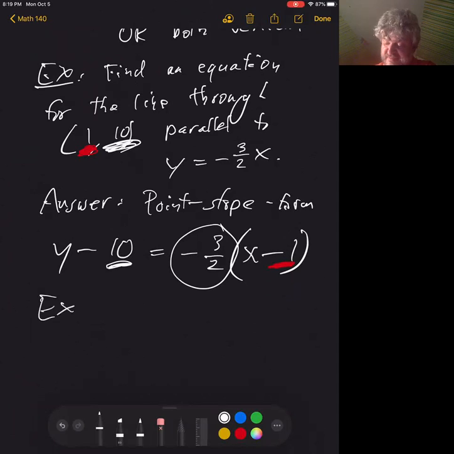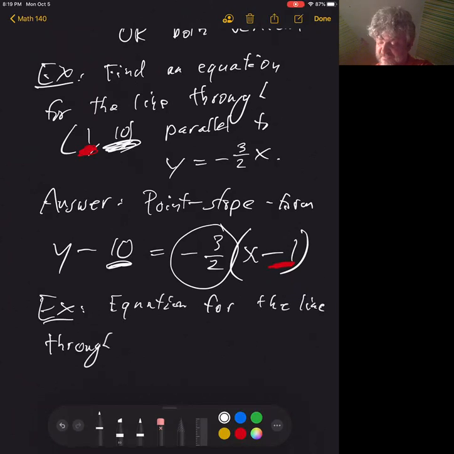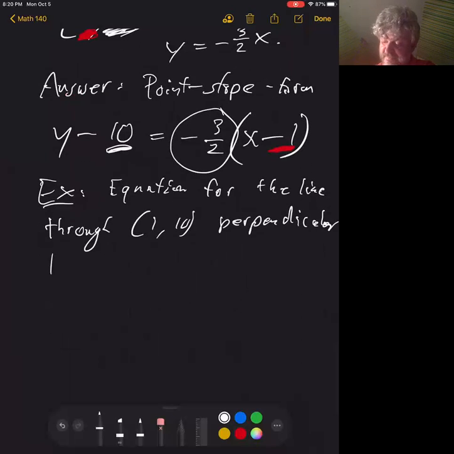Now the last bit, find an equation for the line through that same point, 1, 10, perpendicular to y is negative 3/2x.